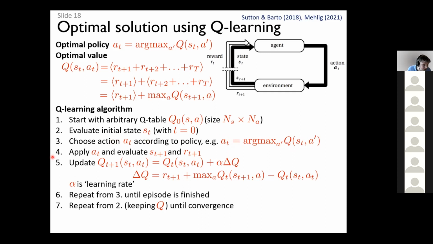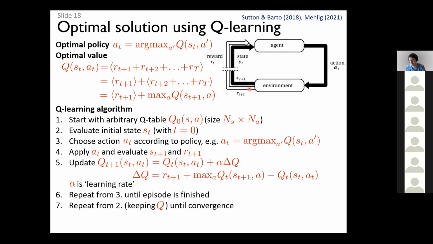So there was a question. Aren't we assuming that immediate action has no impact on the future choices? Yes. In Q-learning, we assume that the system is Markovian, which means that if we take an action provided a state, the transition probability just depends on the immediate state.